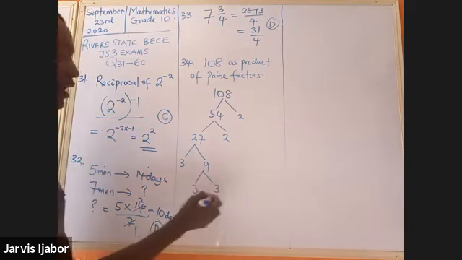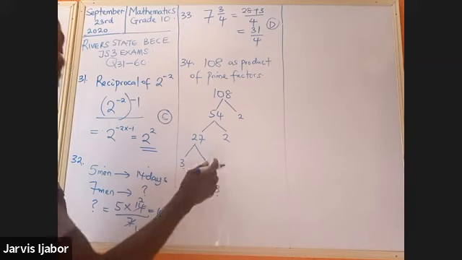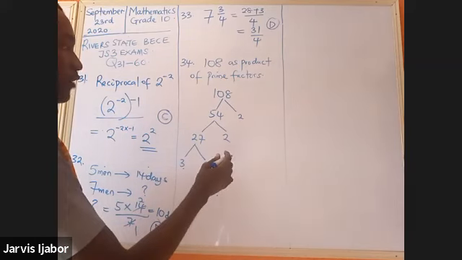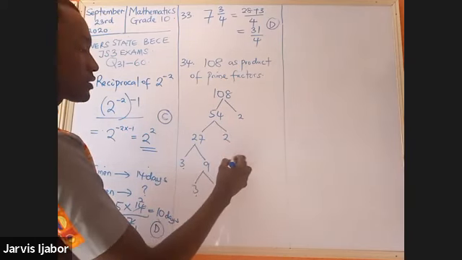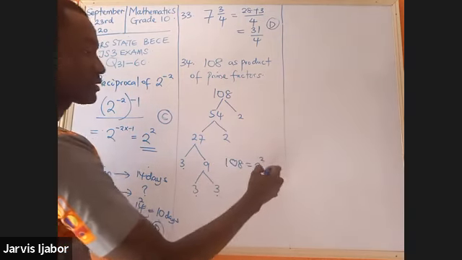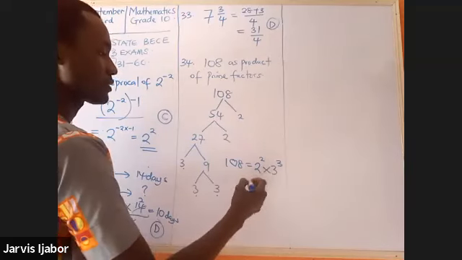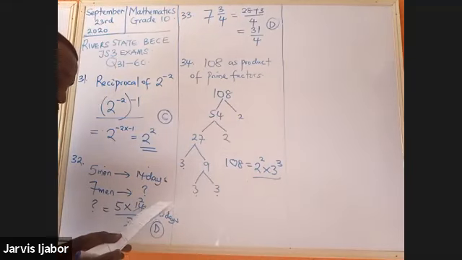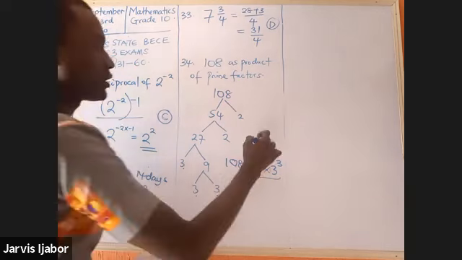So what you do is to count the number of threes. 1, 2, 3. But these are prime numbers. And the number of twos. So 108 will be equal to 2 multiplied twice times 3 multiplied 3 times. And that will be the answer.